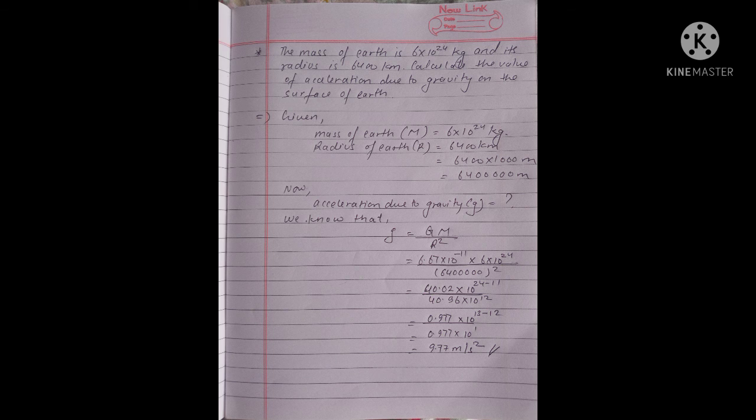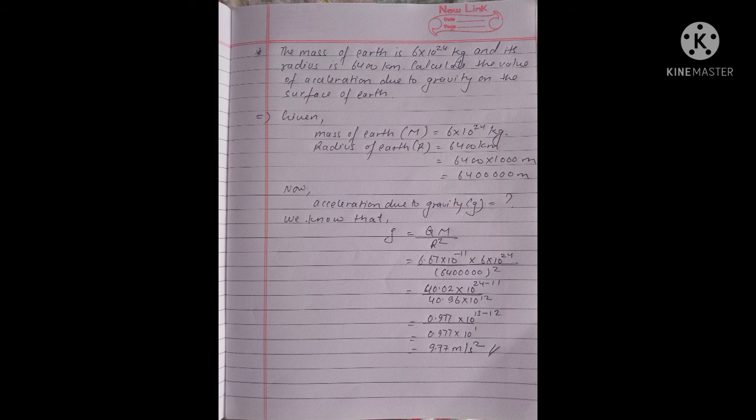Similarly, radius of Earth, capital R, equal to 6400 km. We already know that while solving this equation we have to convert it into SI units. The SI unit of length is meter, so we'll convert it into meter. So it will be 6400 times 1000 meter, equal to 6400000 meter.